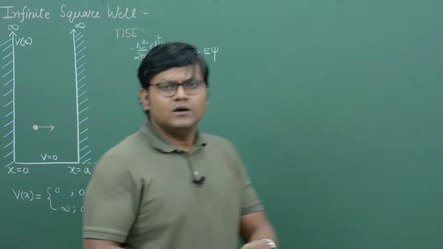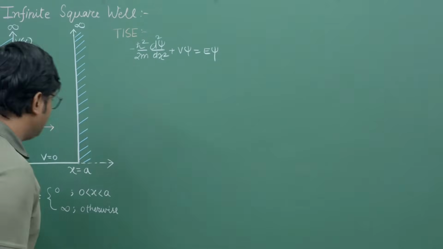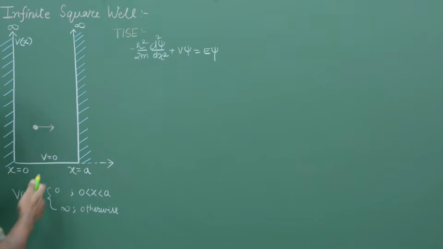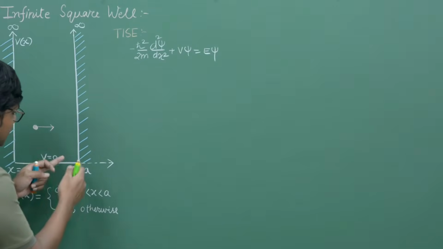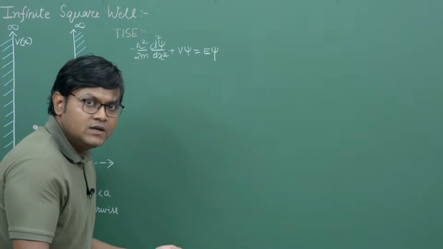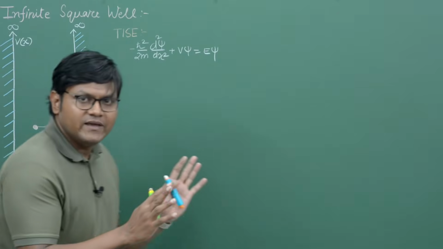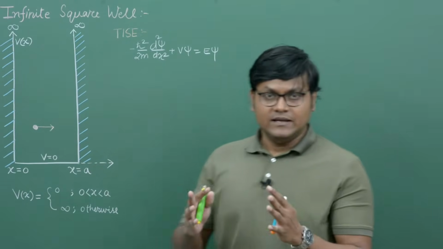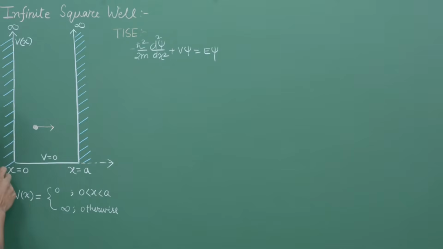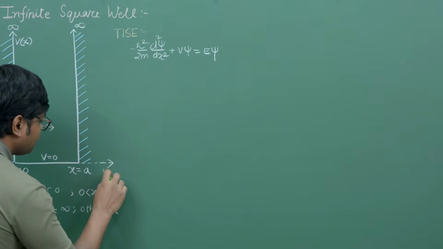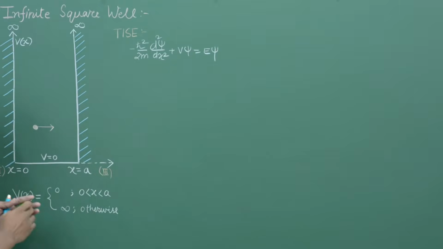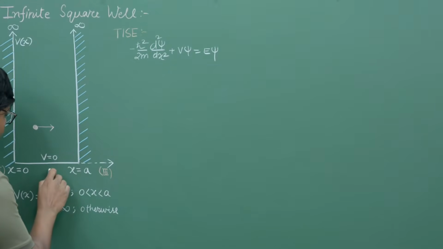That means the wave function by definition in the region beyond x equal to 0 is 0, and beyond x equal to a is 0. The particle has no probability of existing in region number 1 and region number 3. The particle only exists in region number 2.